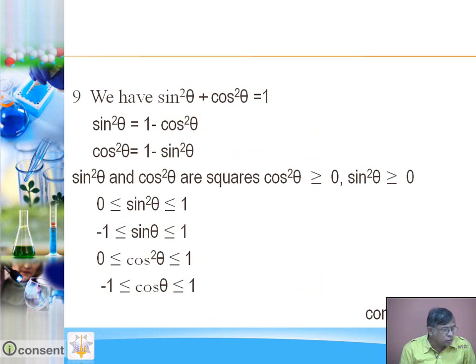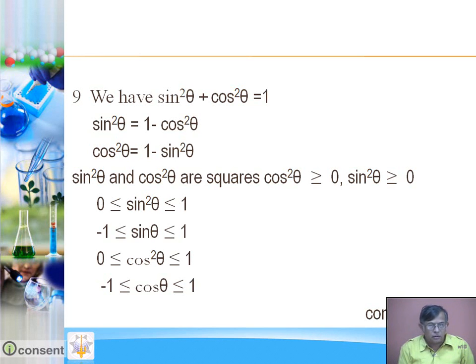So we have sin square theta plus cos square theta equal to 1. That is, sin square theta is equal to 1 minus cos square theta, and cos square theta is equal to 1 minus sin square theta. Now sin square theta and cos square theta are squares, and squares are always positive. Therefore cos square theta is greater than or equal to 0 and sin square theta is greater than or equal to 0. Here 0 is less than or equal to sin square theta less than or equal to 1, because sin square theta is equal to 1 minus cos square theta, meaning 1 minus some positive number.